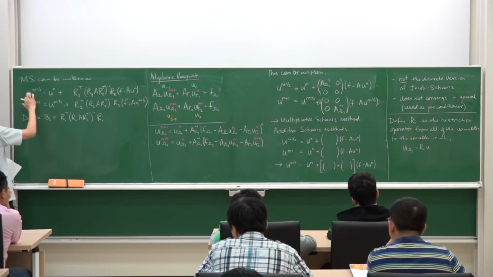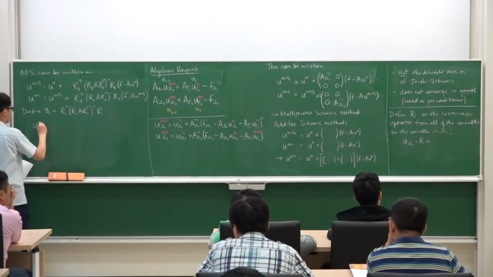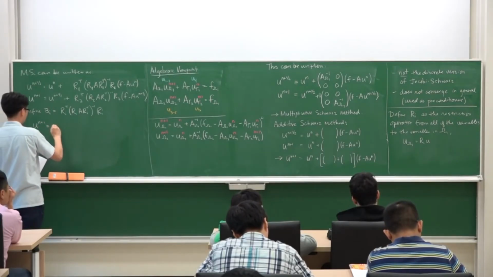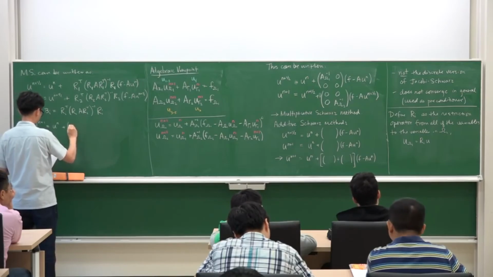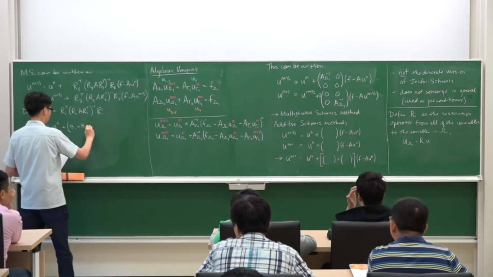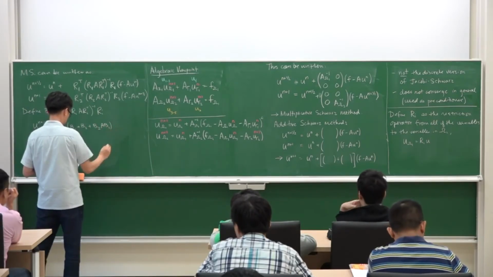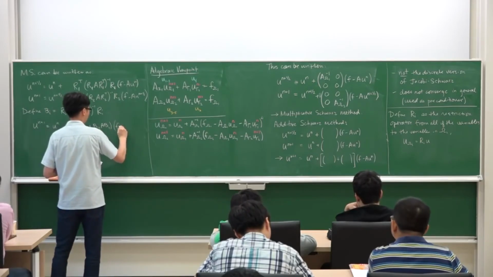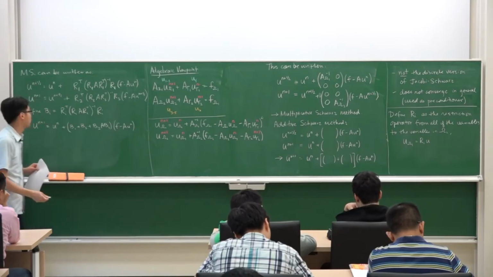Then we can write these two steps as a single step. u^(n+1) is equal to u^n plus (B1 plus B2 minus B2 A B1) times (f minus A u) at level n.